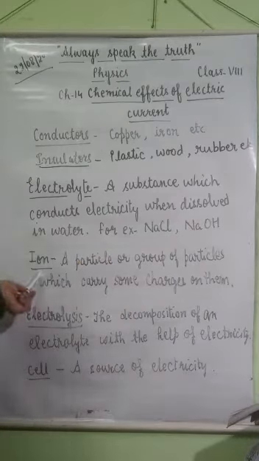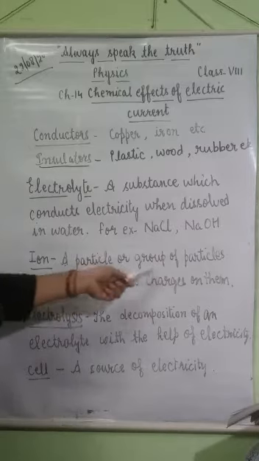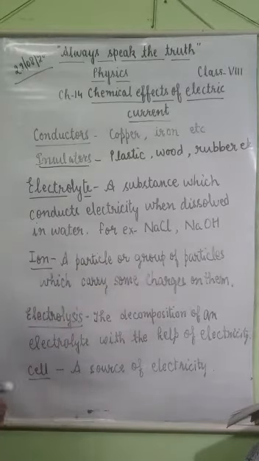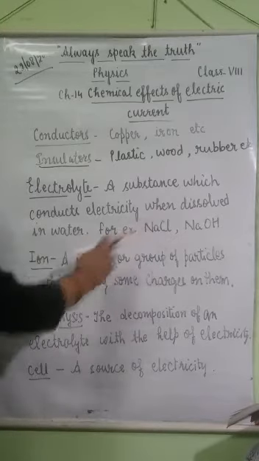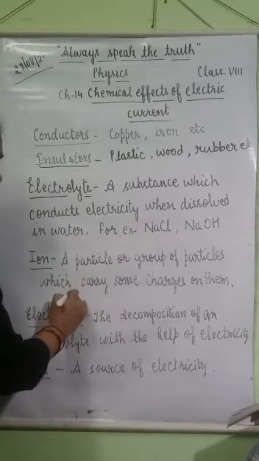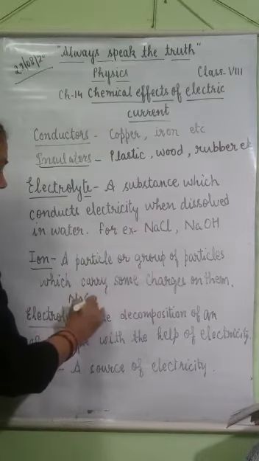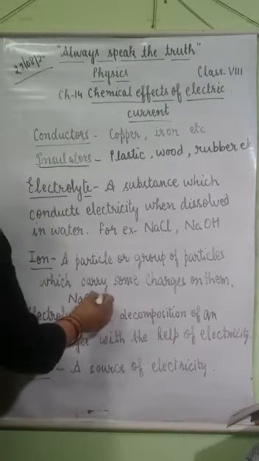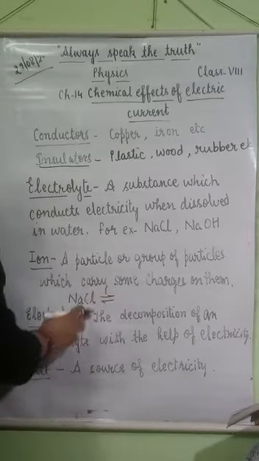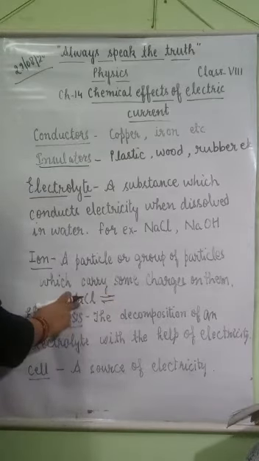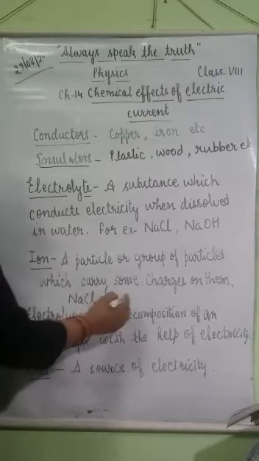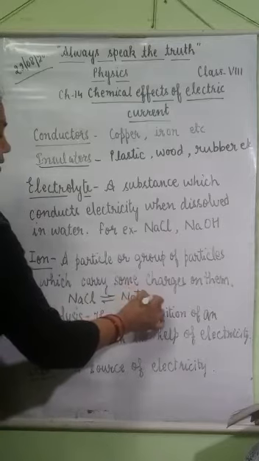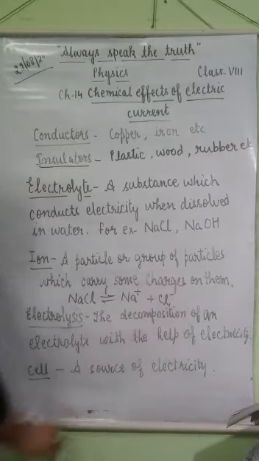Next is ion, a particle or group of particles which carry some charge. NaCl is the formula of sodium chloride, and when electric current is passed in the solution of sodium chloride, it changes into a sodium ion and a chloride ion.